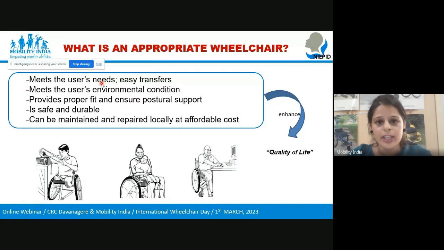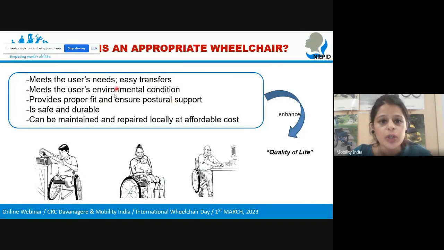The definition which is in use now is an appropriate wheelchair. To say a wheelchair is appropriate, it should meet all these factors. It should meet the user's needs, meet the environmental conditions, whether where he or she will be living, or the work or school setup, allow easier transfer, provide an upright sitting posture and proper sitting, be durable, and be a wheelchair which can be maintained and repaired even at the local shop.